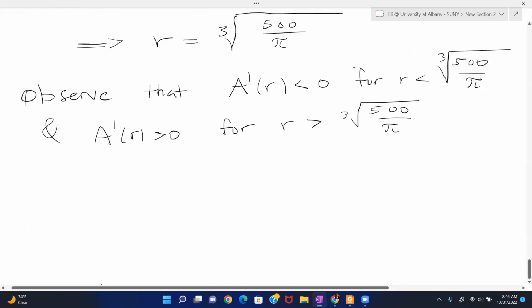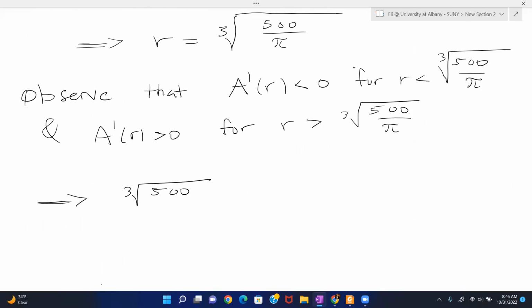So this implies that this critical point corresponds to a local minimum.